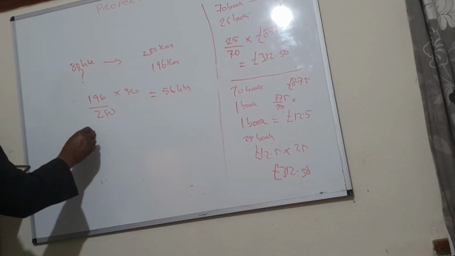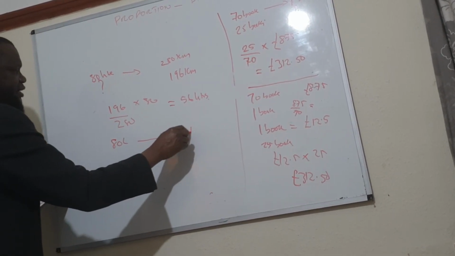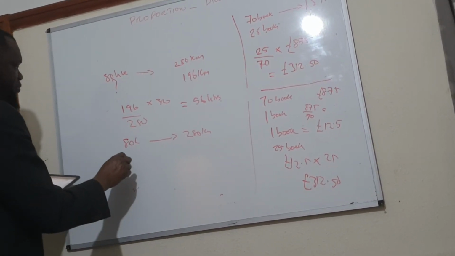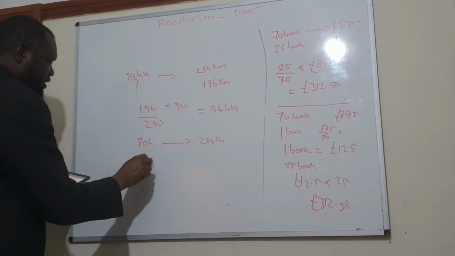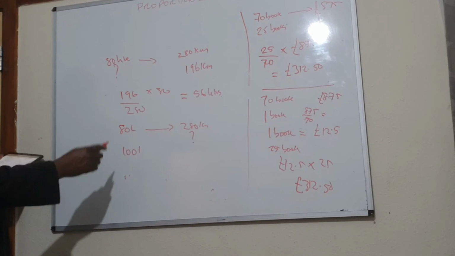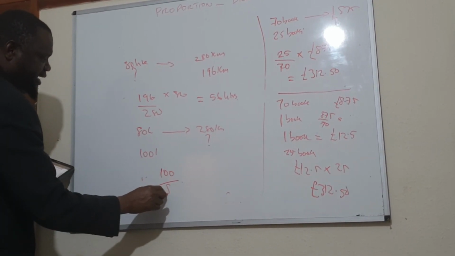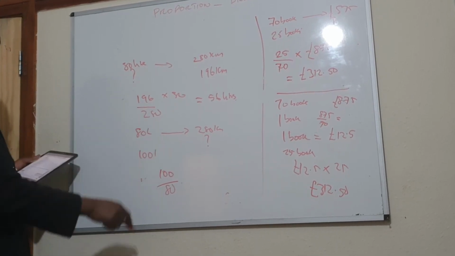Now he said, how far will a lorry travel on a full tank of 100 liters? Same thing, we have 80 liters. He will travel for 280 kilometers, yes? But this time we are looking for 100 liters. What we don't know is up there. Same principle: 100 over 80. Why over 80? Because we always divide like with like.